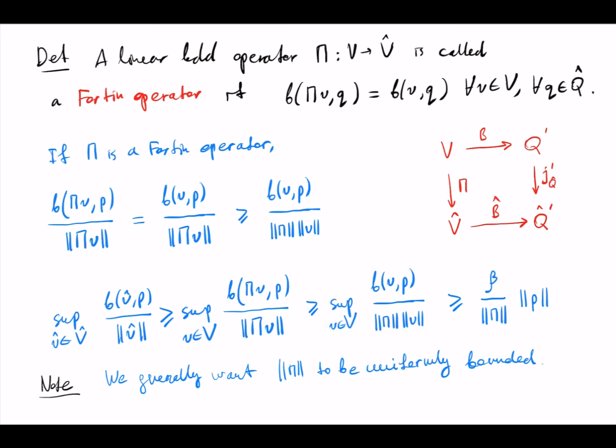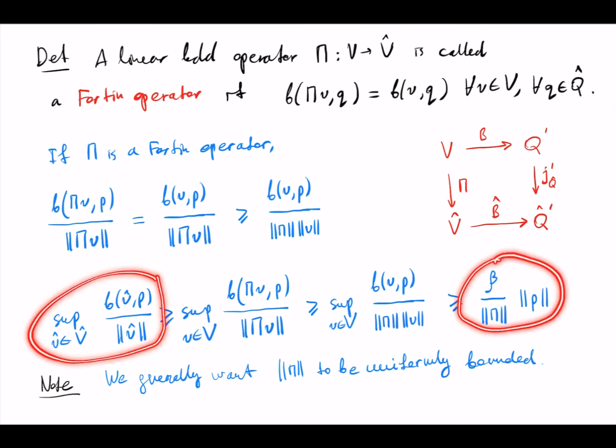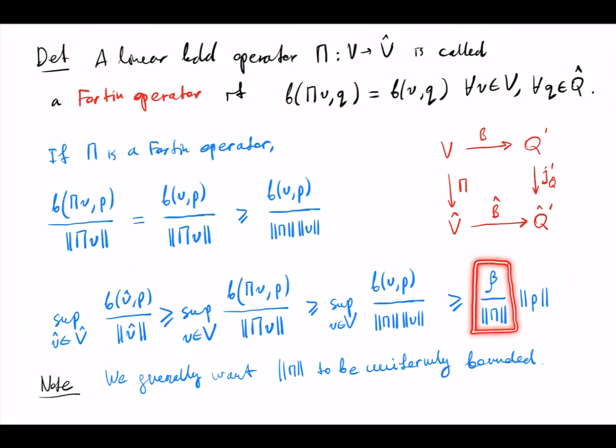Now the supremum is over the whole space V, and we can apply the continuous inf-sup condition, which gives the lower bound beta times the norm of P. That's true for all P, not only for P from Q hat, and the norm of the Fortin operator appears. Looking at this inequality from the beginning to the end, we have the discrete inf-sup condition with constant given by the constant of the continuous inf-sup condition divided by the norm of the Fortin operator.